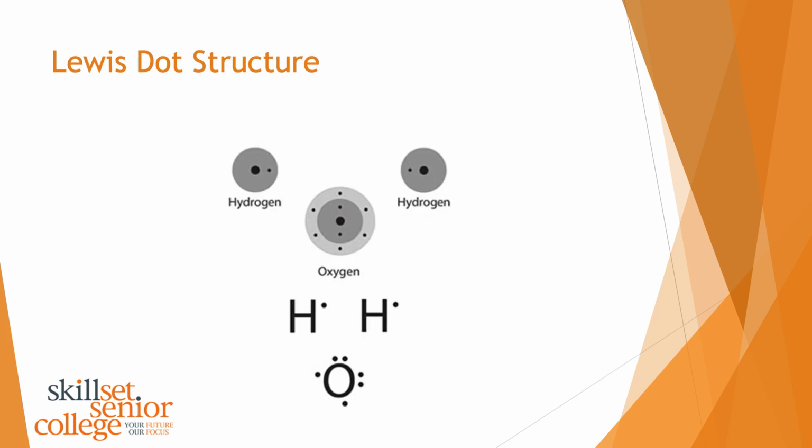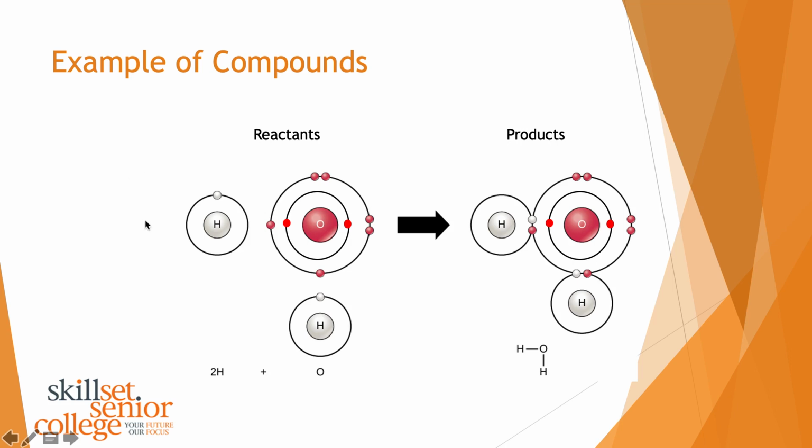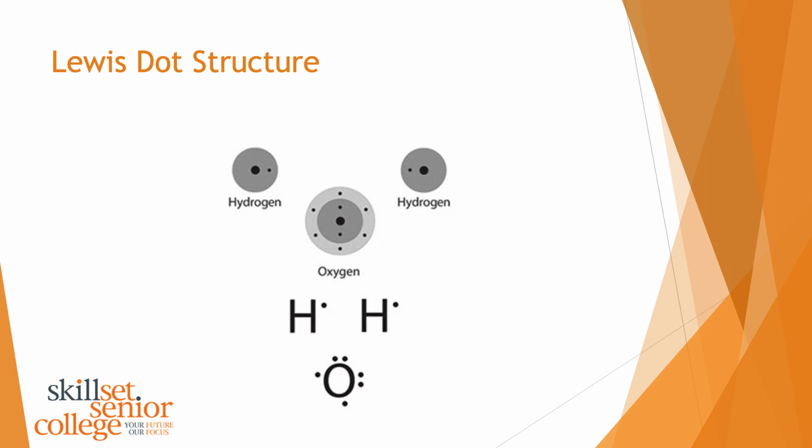It's quite complicated. Imagine you were trying to draw your chemical equation out and you had something like gold with 70 odd protons. It would take forever. So we have a more simplified version of doing this, and it's called the Lewis dot structure. The Lewis dot structure is just related to the valence electrons.